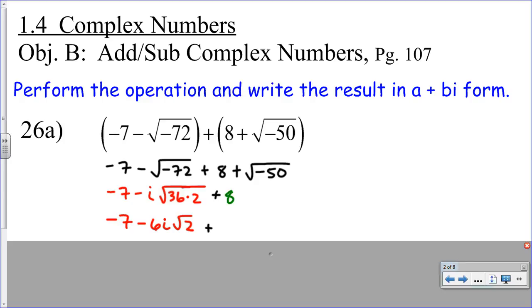And then for this one, pull out the i because it's a negative under the radical. And let's write square root of 50 as 25 times 2. So that's 5i square root of 2. We good so far?